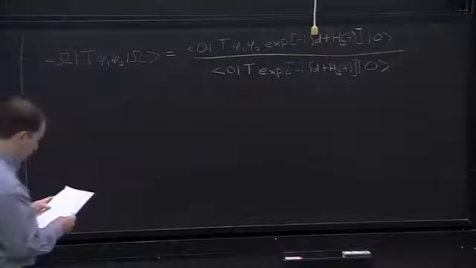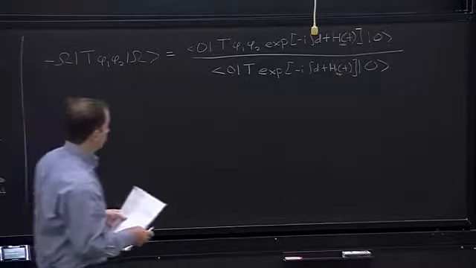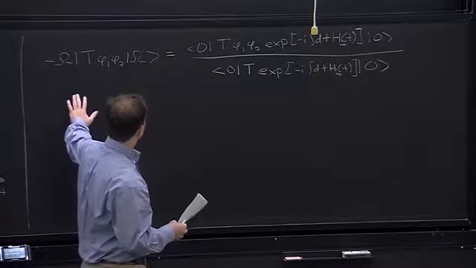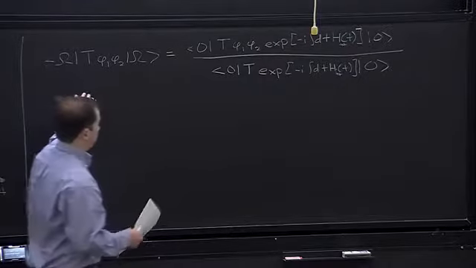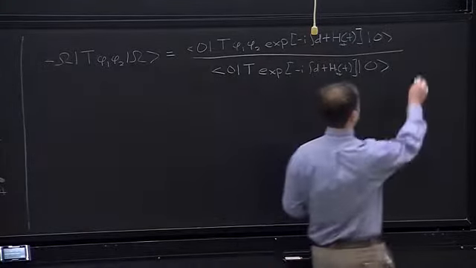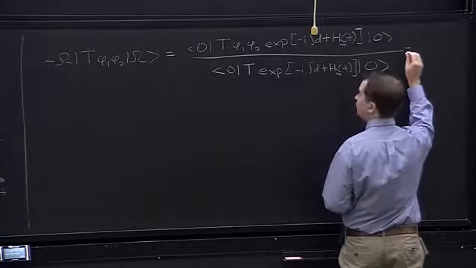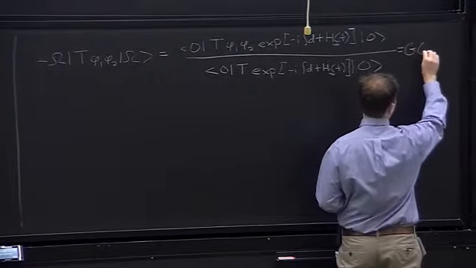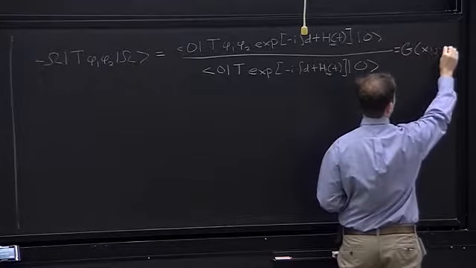Okay. So let's see how we can represent this result in terms of Feynman diagrams. And I'll give this two-point function another name, G. Well, that's G of x1, x2.